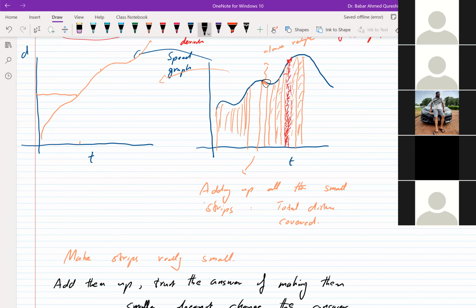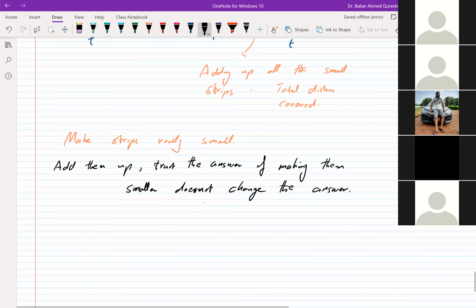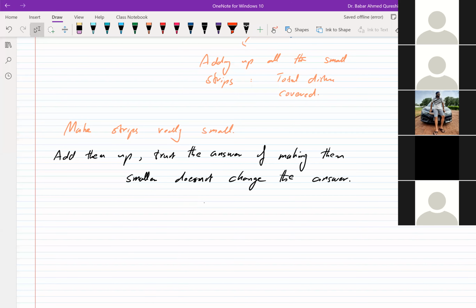Obviously, you can think of certain functions where you cannot really do it. Even if you make them very small, you do not converge to a particular answer, then you would say that the limit doesn't exist. But if it does, then you can recover the other thing back. And you can notice that what you are doing is adding a large number of things.